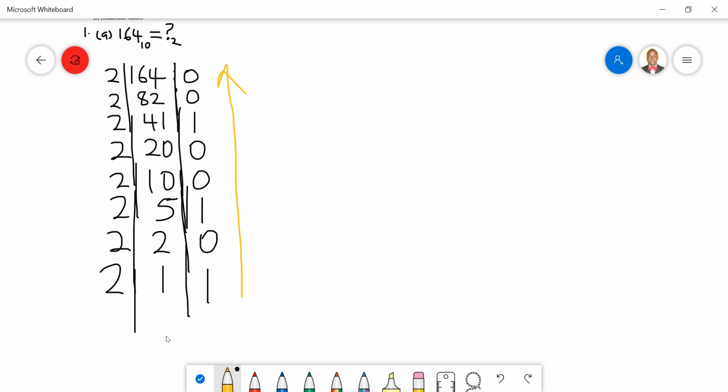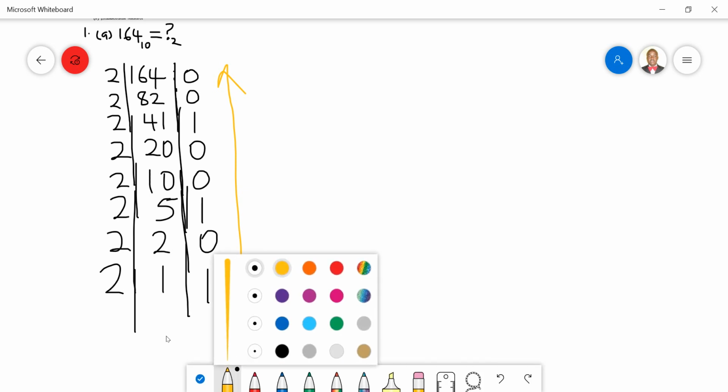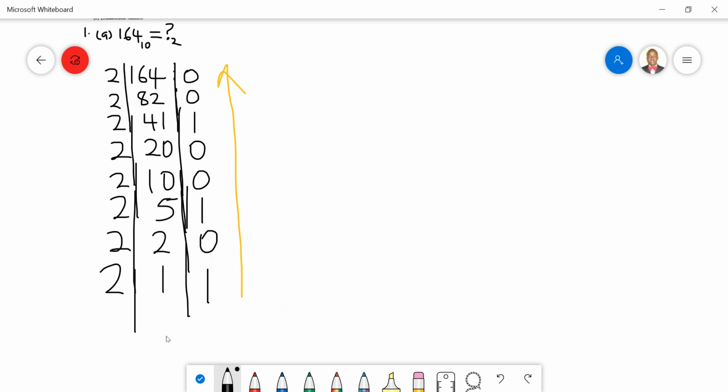So it means that your answer for this one, starting from down, is 1 0 1 0 0 1 0 0.